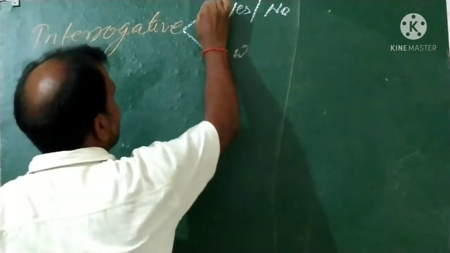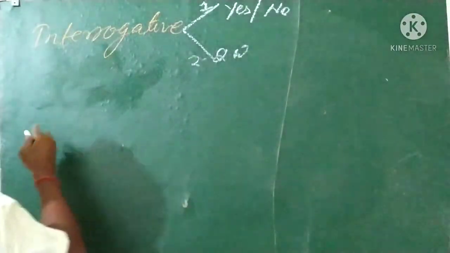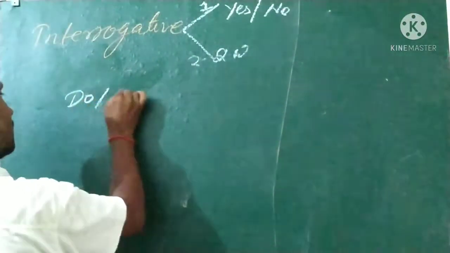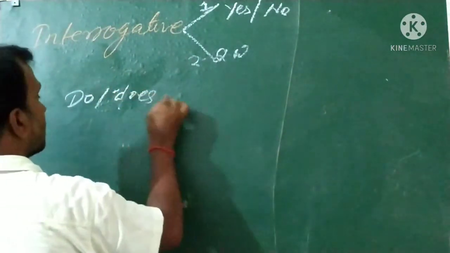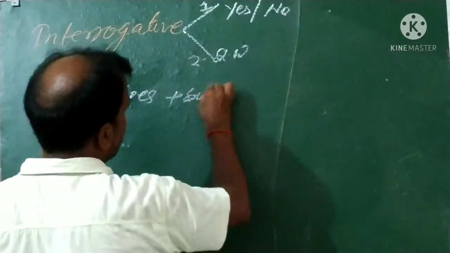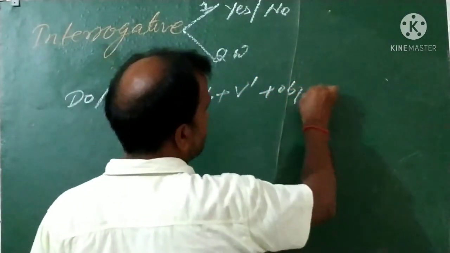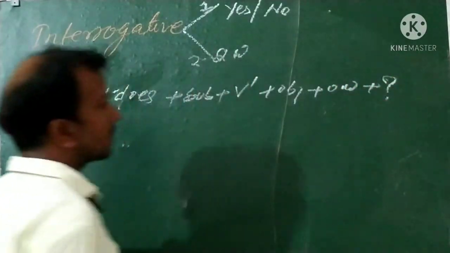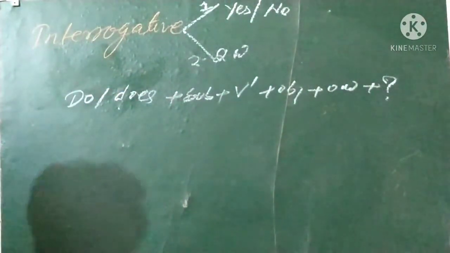Firstly, I am going to write for the first and then second. Structure of the first: do or does, then subject, then verb of first form, object and other word, then question mark.